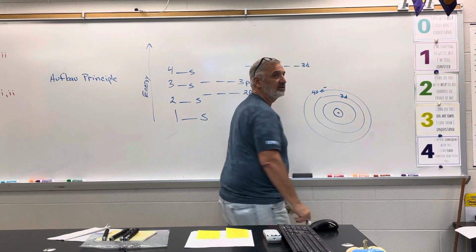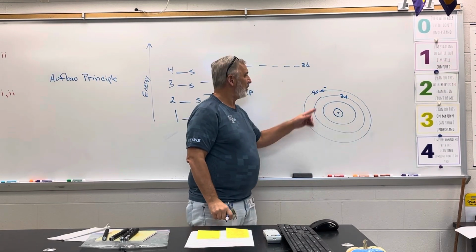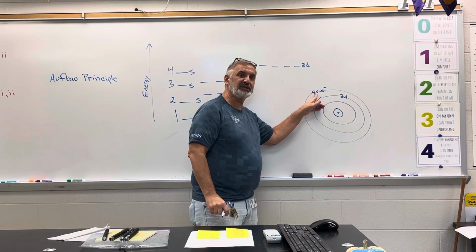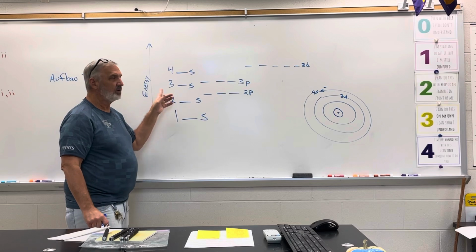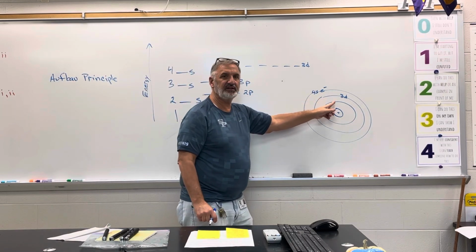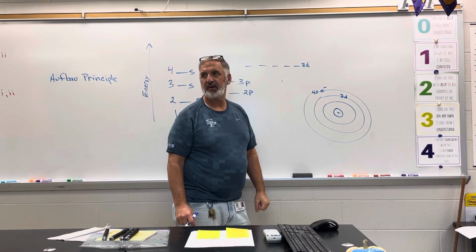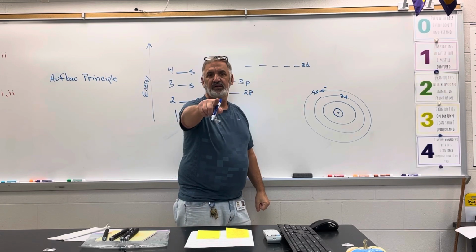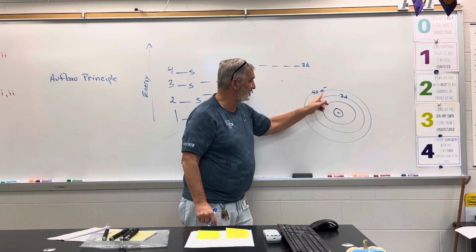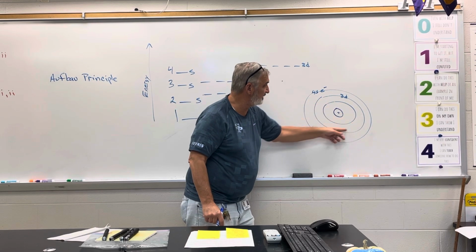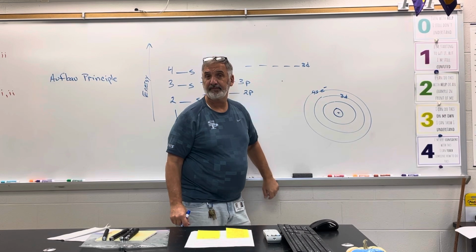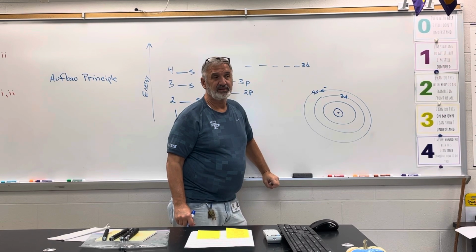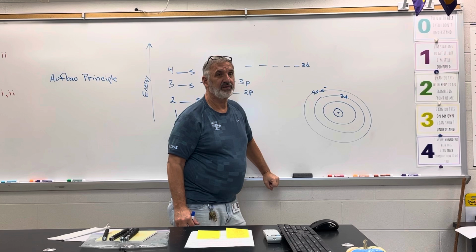Here's your nucleus. Why is this one being held more tightly? Remember, lower energy means held more tightly. Why is the 4s held more tightly than 3d? It's being shielded less. Well, it's actually 4s, and if it's out here, it's going to be shielded by all of these. Less repulsion.